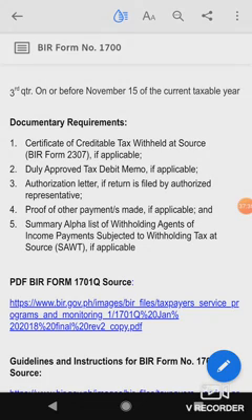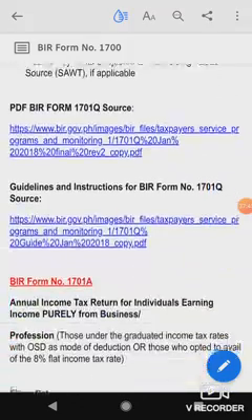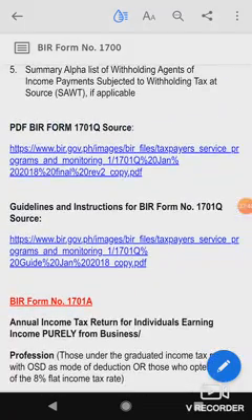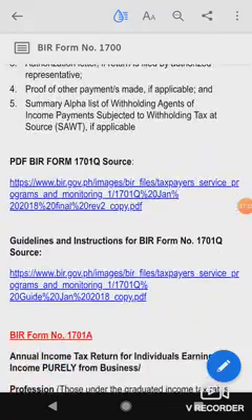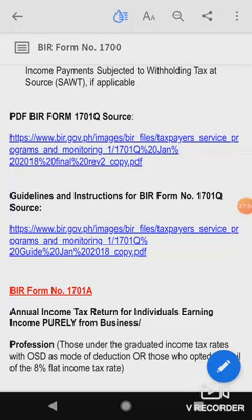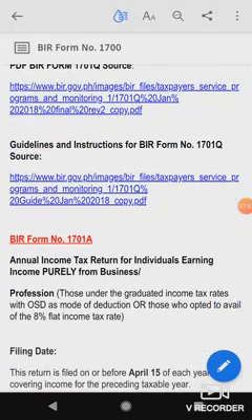Summary alphalist of withholding agents of income payments subject to withholding tax at source, if applicable. So we have the guidelines and instructions for BIR Form 1701Q, with the source and PDF for manual filing. The PDF version is at the website source.